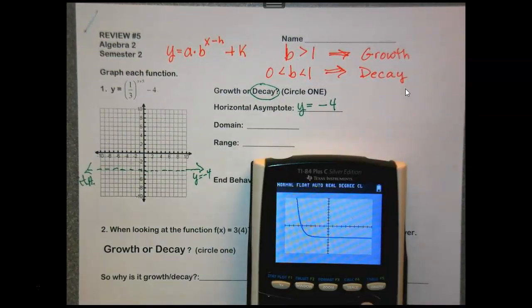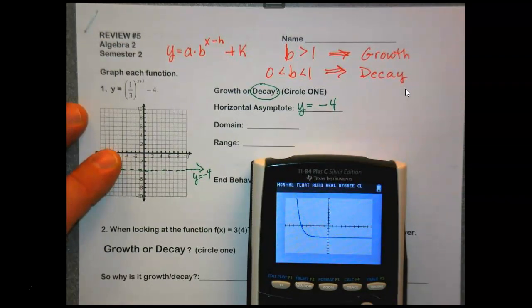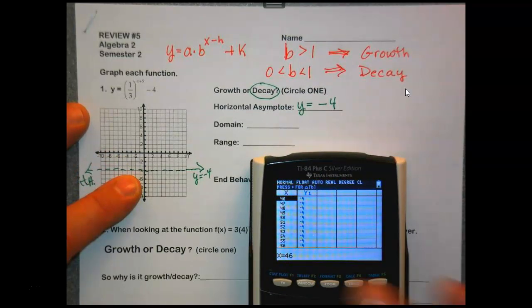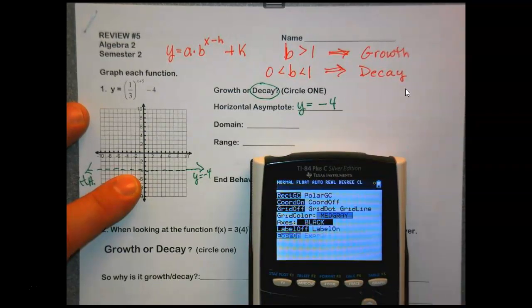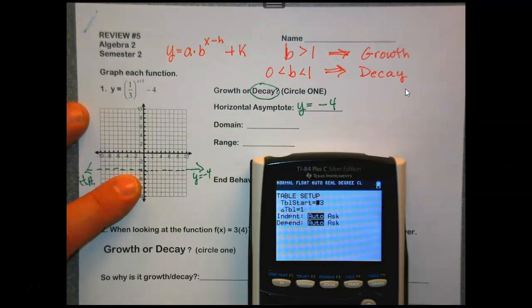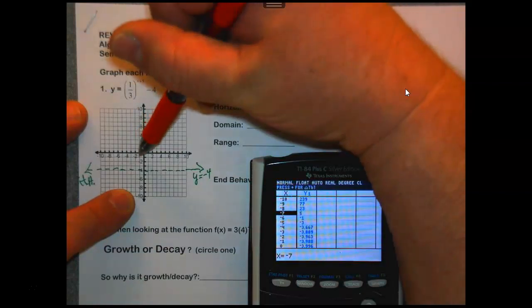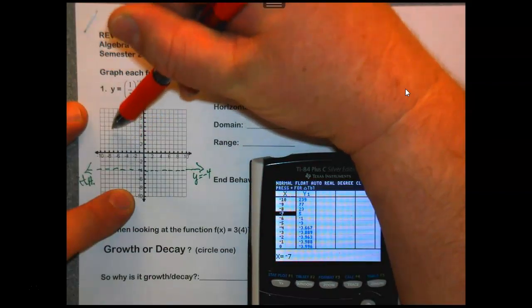Might as well, since we're on the calculator, let's go ahead and get some points and graph this. I'm going to go to my second graph to get my table. I'm going to start back at 0. Okay, I'm going to get some points here and use some whole numbers. Negative 7, 5.